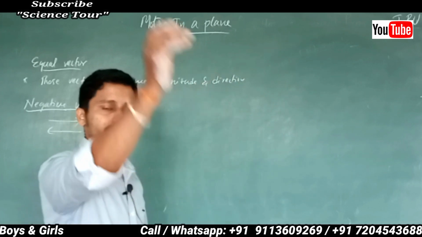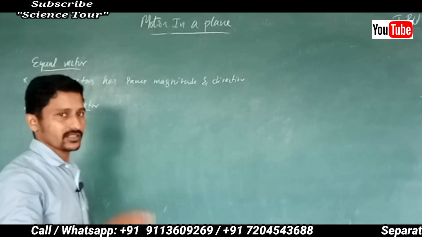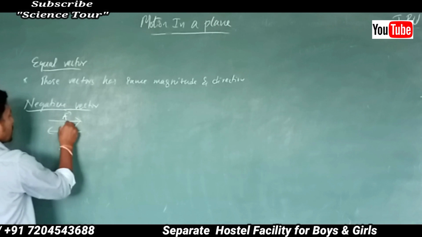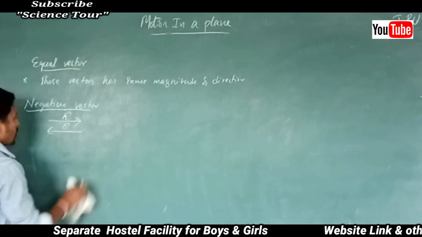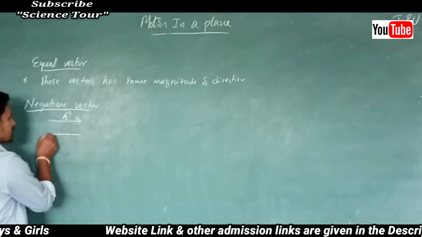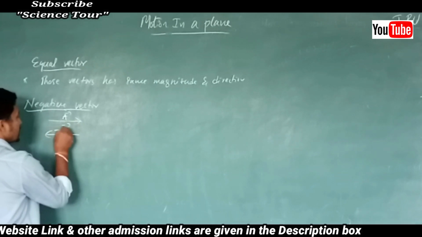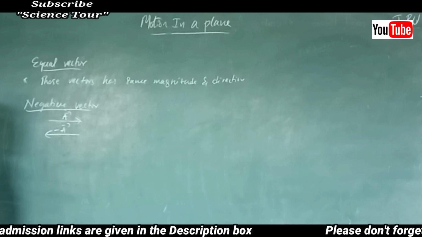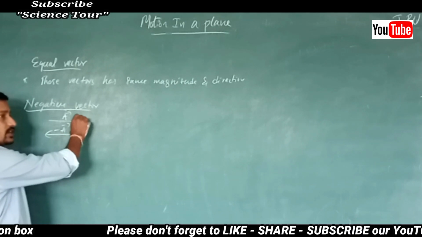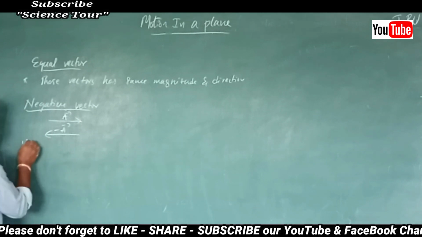His direction, the way of thinking, is changed. Similarly here, if vector A is here, vector B is here. If I give one vector in this way, the negative vector must be in the opposite way, minus A.